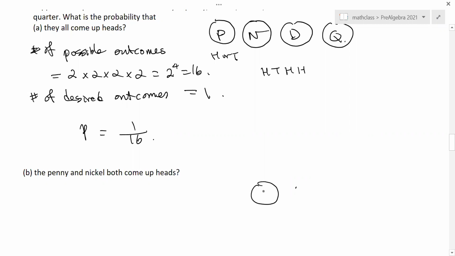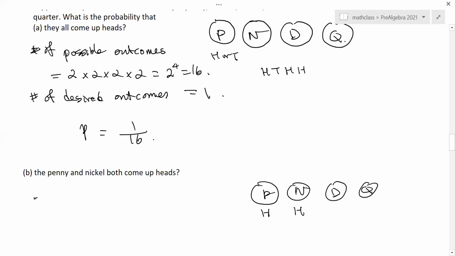So yes, penny, nickel, dime, quarter. But the first 2 are fixed, they must be heads. And then the dime and the quarter: there are 2 possibilities for the dime and 2 for the quarter. So the dime and the quarter are free, not fixed.